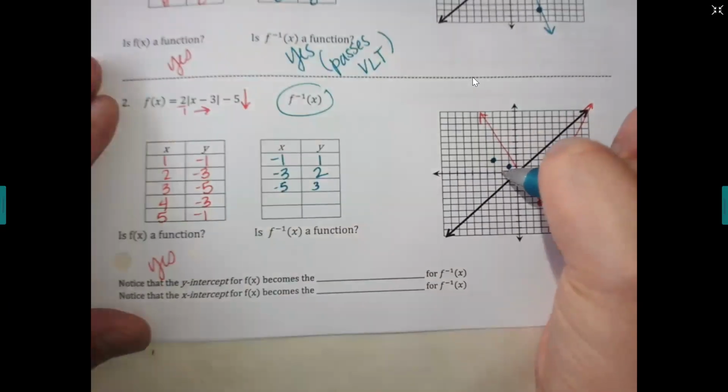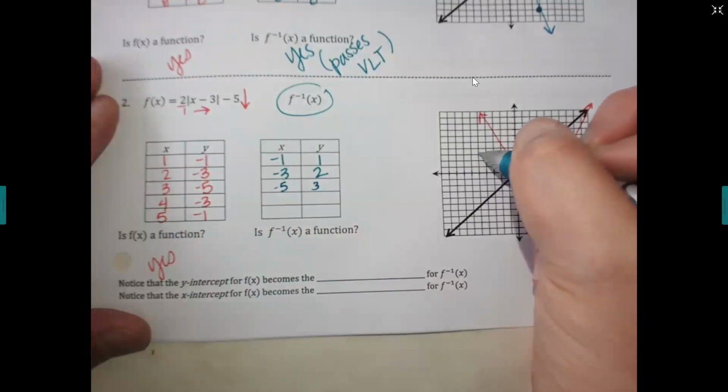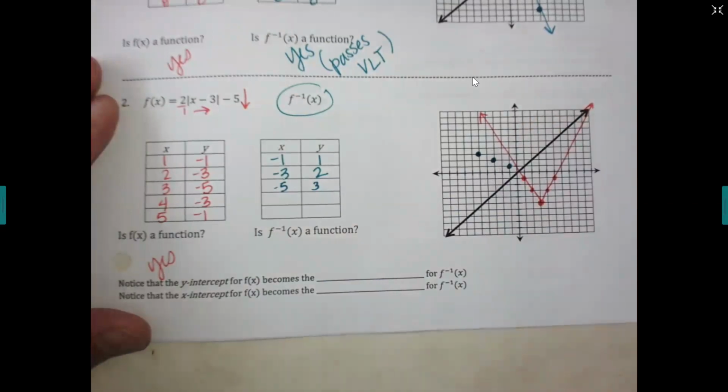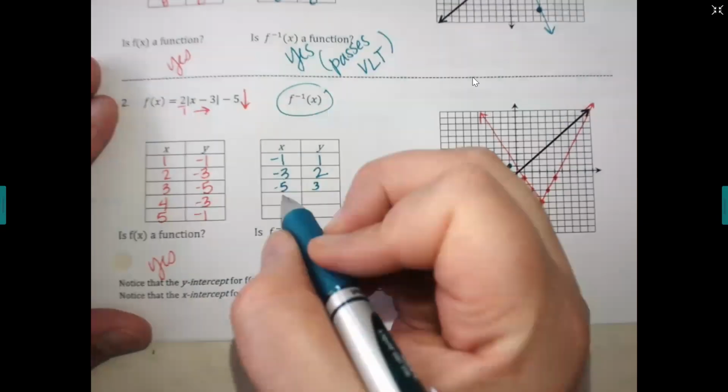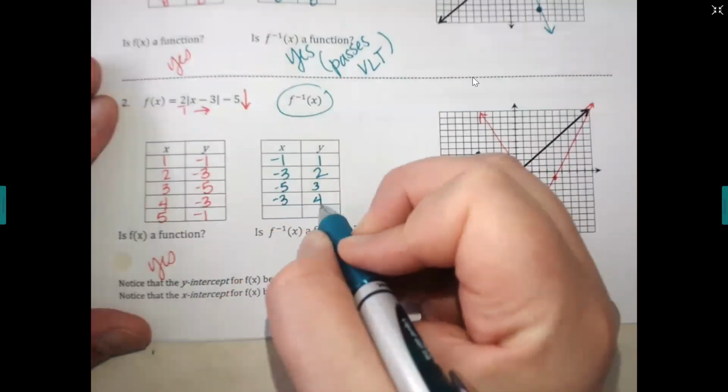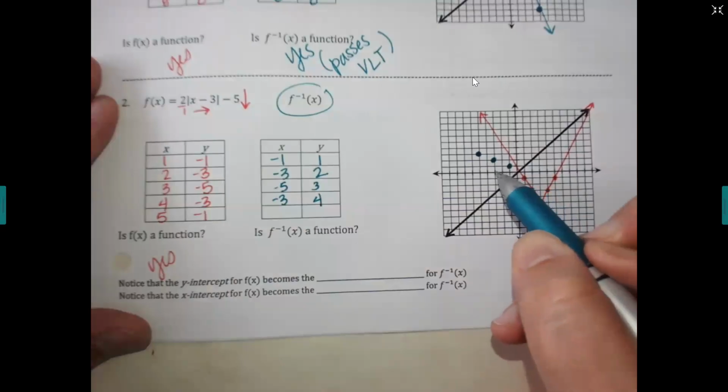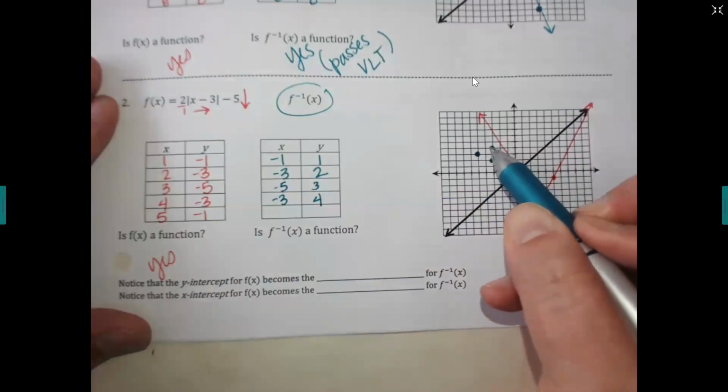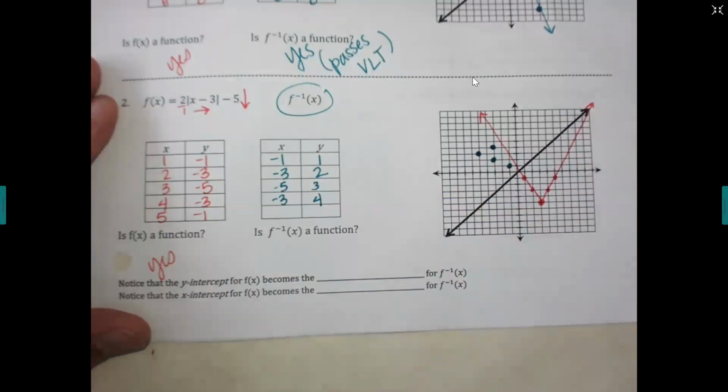It'll be 1, 2, 3, 4, 5, up 1, 2, 3. Next point was 4, -3. Now it's -3, 4. So 1, 2, 3, up 1, 2, 3, 4. And then last one was 5, -1. Now it's what?